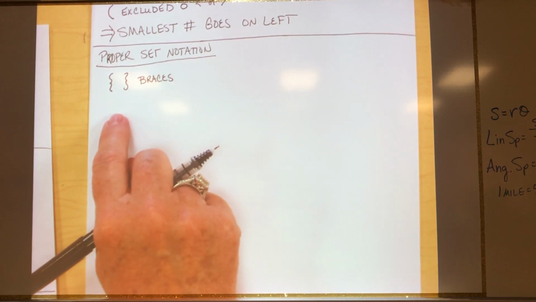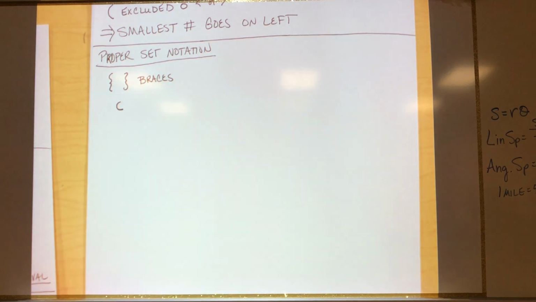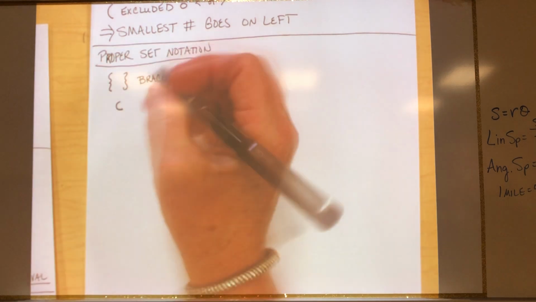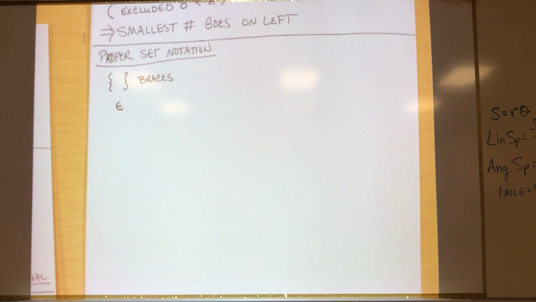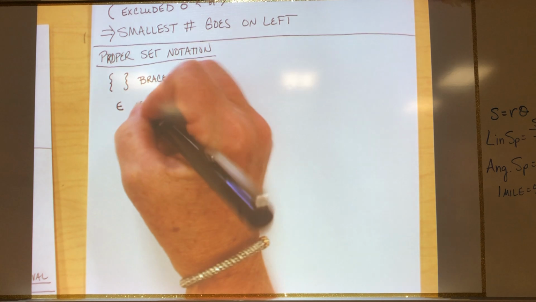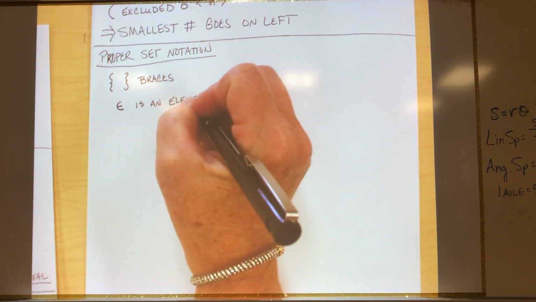Okay, so underneath that, here's what I want you to do. I want you to draw a little C like this on your paper. Just a C, kind of like a half of a circle. And then I want you to put a line in the middle of it. Now what does it look like? An E. It means is an element of.